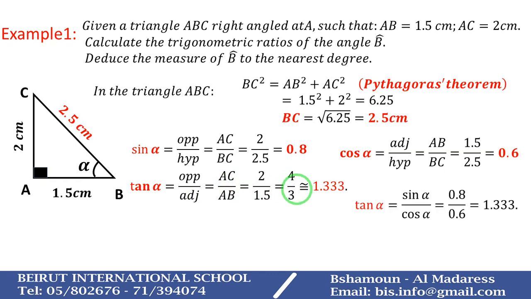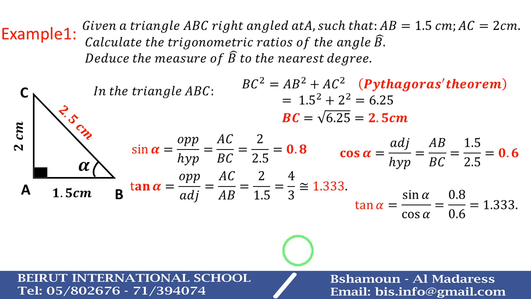Or you can use the formula tangent alpha equals sine over cosine, and you will also have the same answer, 1.333 approximately. Tangent can be any positive value, and the trigonometric ratios of the angles are unitless, or have no unit. All the angles of the same measure alpha have the same sine, cosine, and tangent.